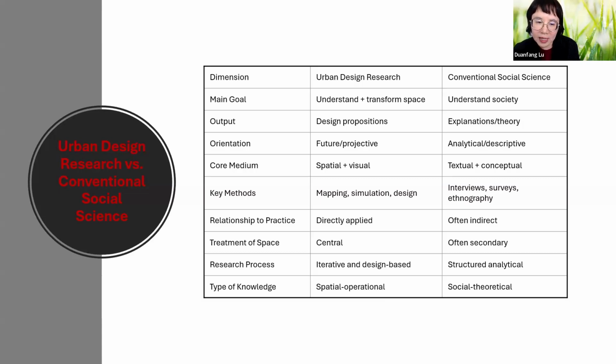In terms of orientation, urban design focuses on the future. In terms of core media, it's usually spatial and visual. In terms of key methods, of course, there is a lot of overlap, but urban designers will focus a bit more on mapping and simulation.